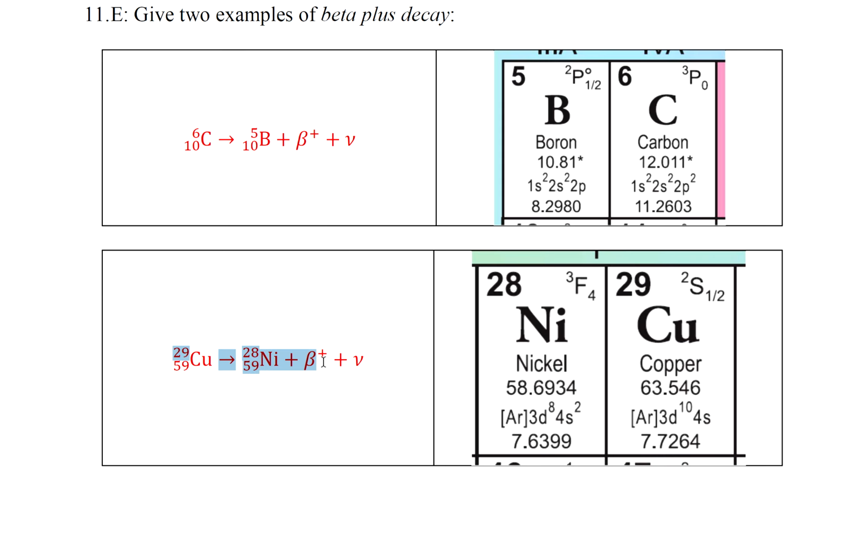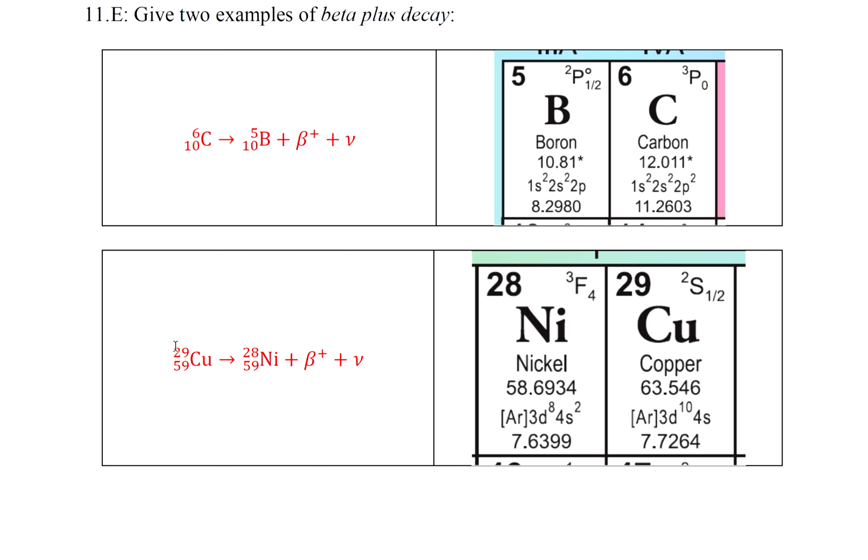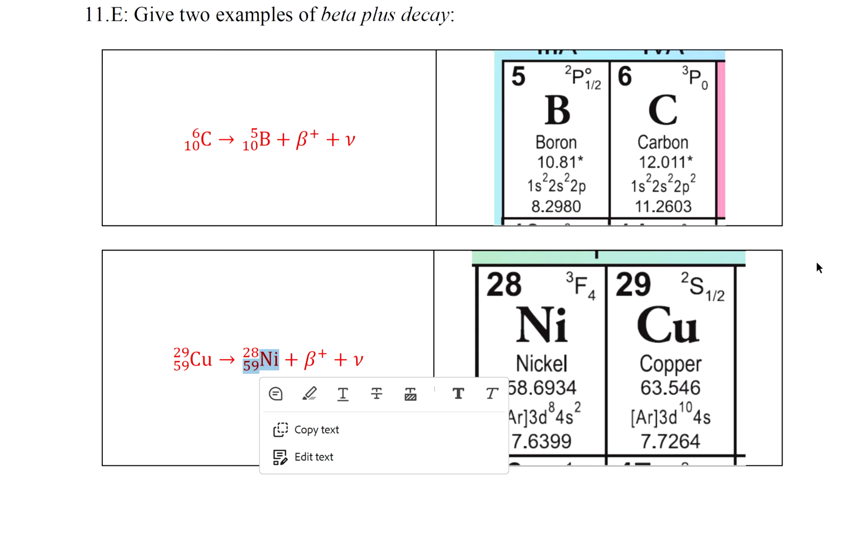Here's another example. We have 59 protons plus neutrons in copper, and then we have 59 protons plus neutrons in nickel. Copper had 29 protons. Nickel has 28 protons.